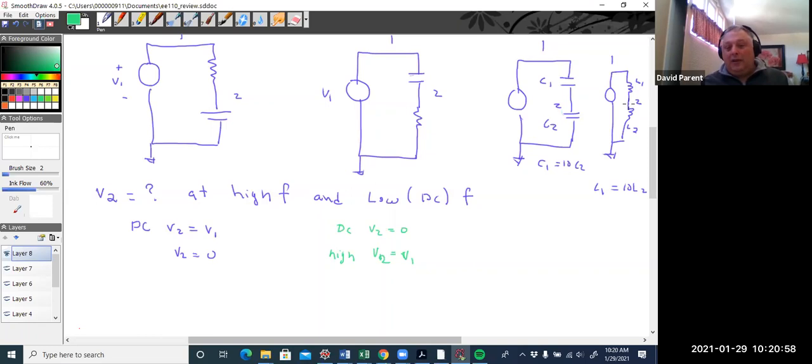And the same thing happens with the inductors, even though at DC these would be shorts. In general, if you hook up a DC voltage supply to an inductor, you're going to get a lot of current flow, maybe more than the power supply can deal with. Okay. So, any questions?